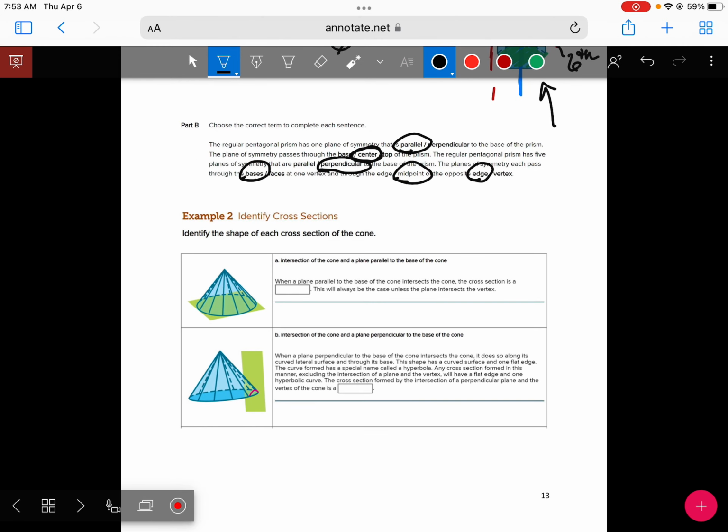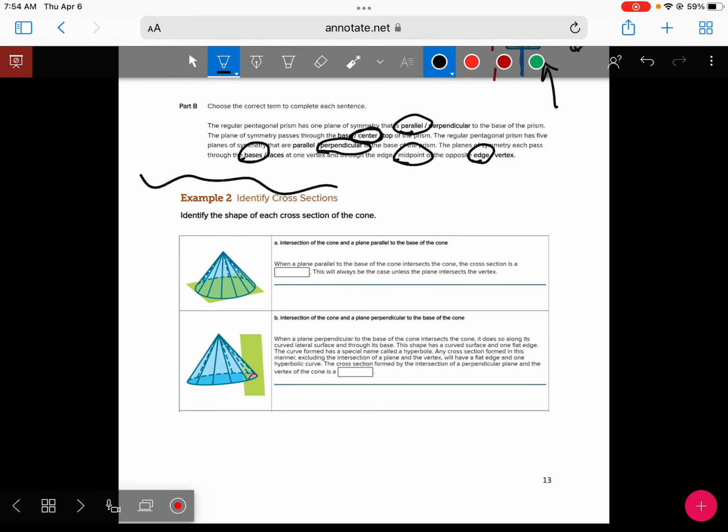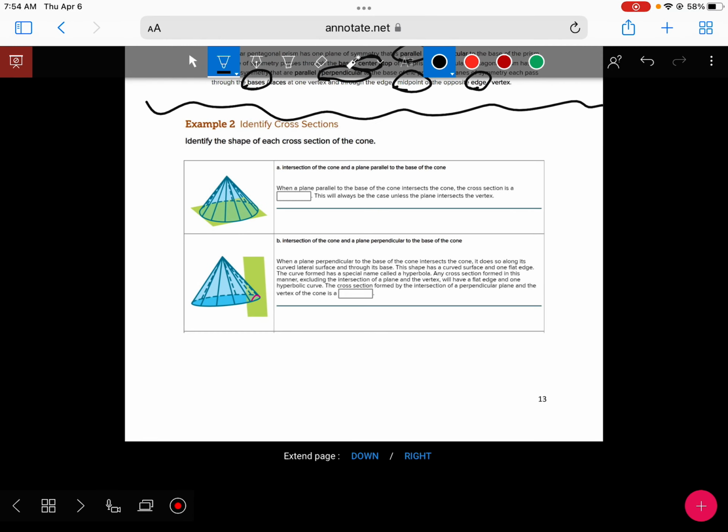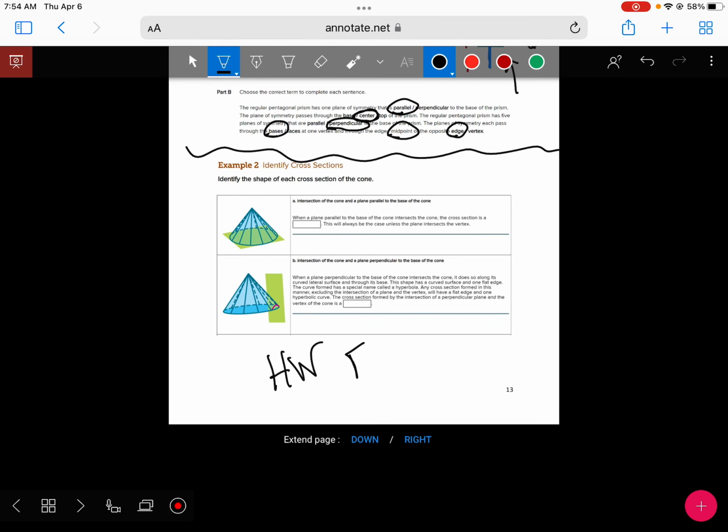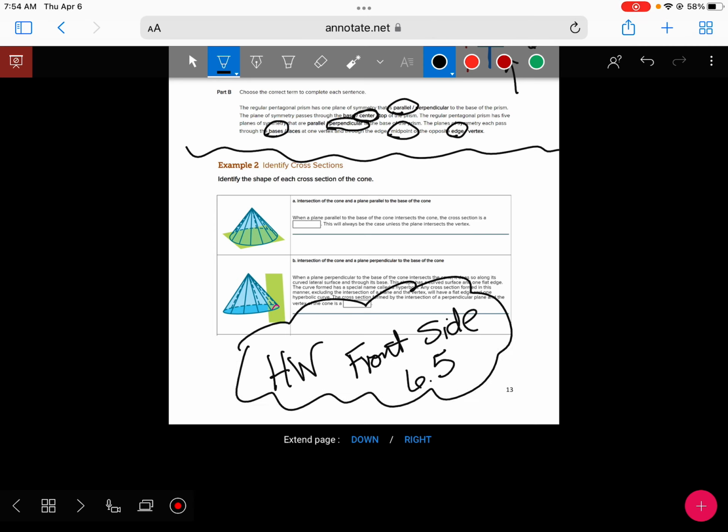All right. We are going to stop there for the notes. So, your homework, we're going to have homework almost every night, guys, okay? So, got to just try to get used to that. It is the front side of 6.5, which should be in your packet.